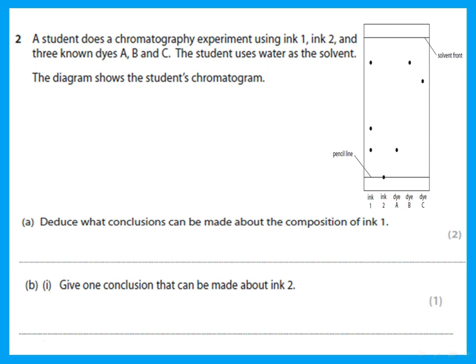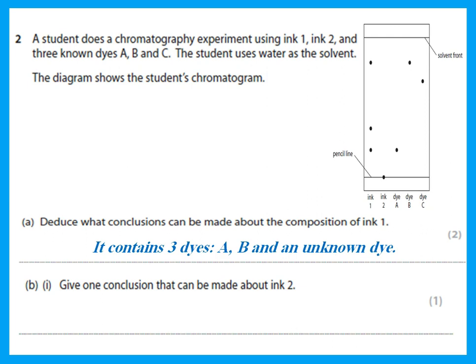First of all, you should realize that when the ink goes up and gives 3 spots, that means it has 3 components. Then, if you look at the spots and you find that the spots from ink 1 are the same height as any of the other spots, that means it contains that substance.